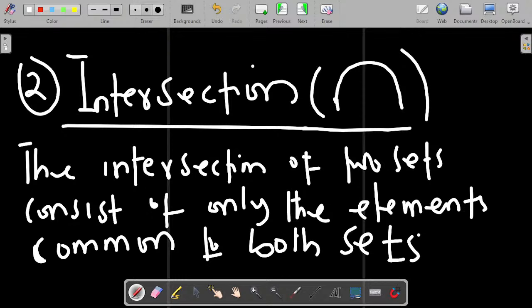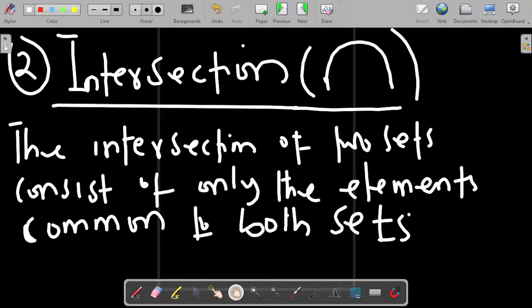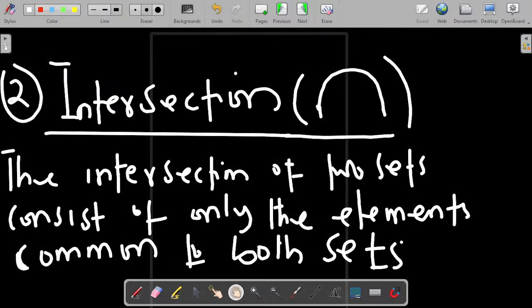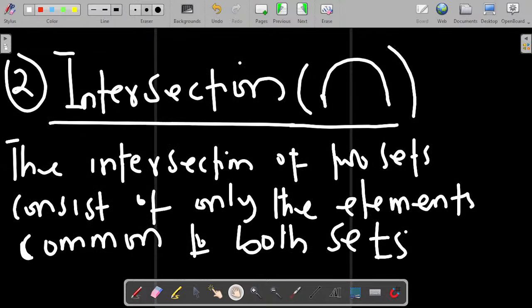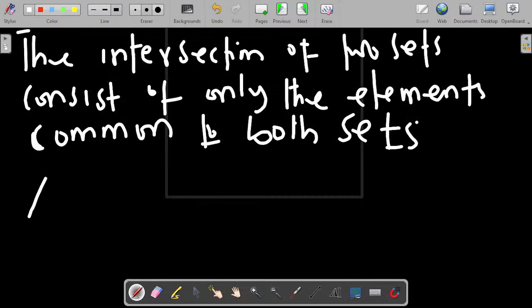So you can see the symbol for intersection, right? If I write A, the symbol, and B, how will you pronounce this? What does that symbol represent?